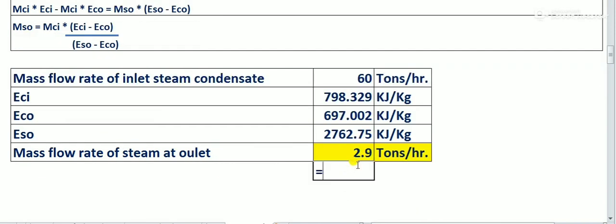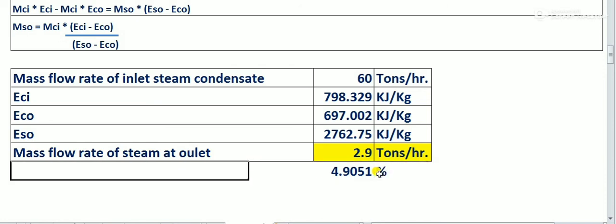If you want to find the percentage flashing, divide this by the 60 tons and multiply by 100. It is the percentage flashing in the flash drum. How much is flashed? 4.9% is flashed through this system. If you want to calculate the percentage flashing, you can utilize it like this.